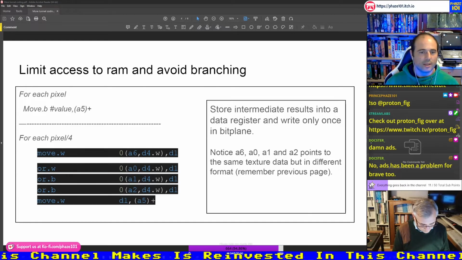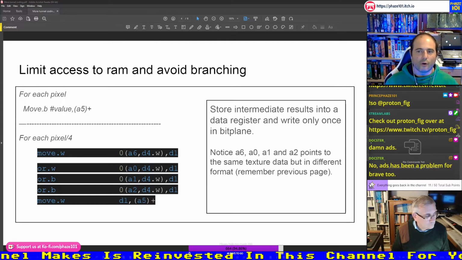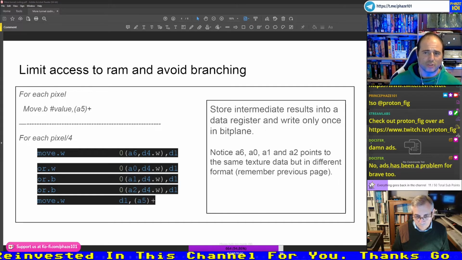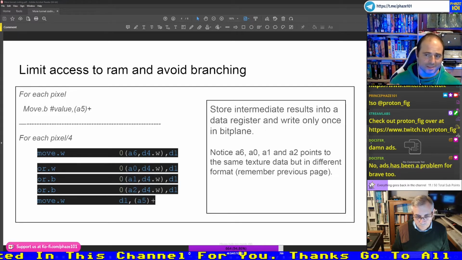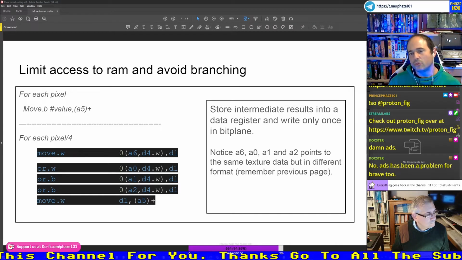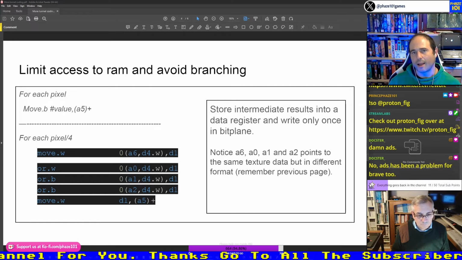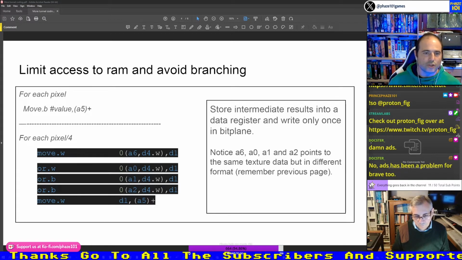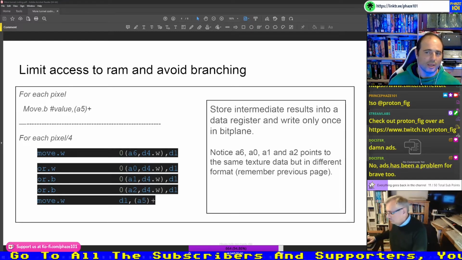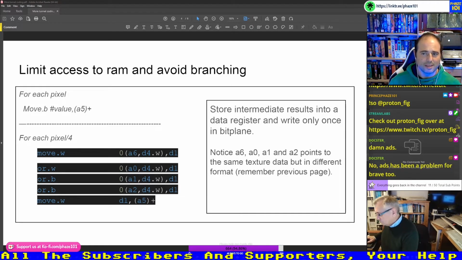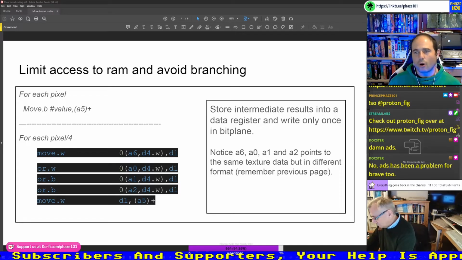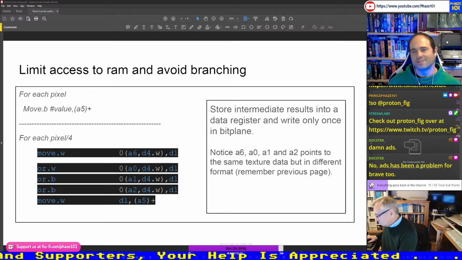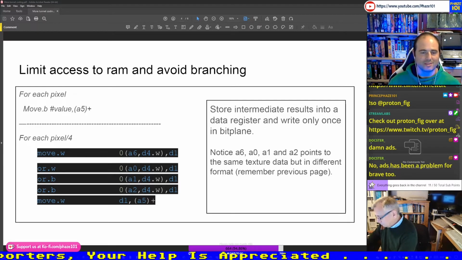In order to do this, I use the trick of the 4 bitmaps. I take the first bitmap, which holds FF on the upper side, and I write into D1, which is also some sort of initialization of D1. The other calls are just logical OR. So if the pixel is black, I OR 1 with 0, which gives me 1. Otherwise, I OR 0 with 0, which gives me 0.